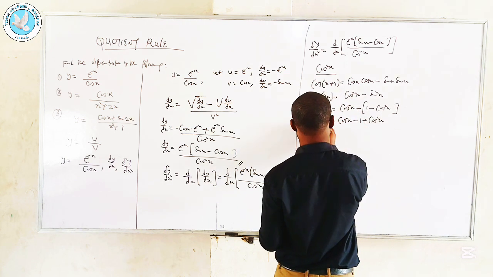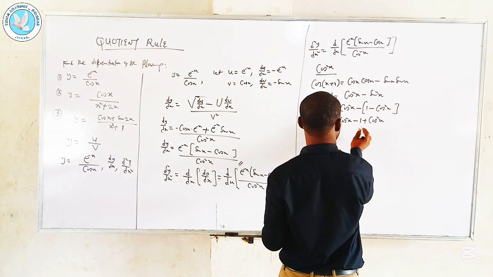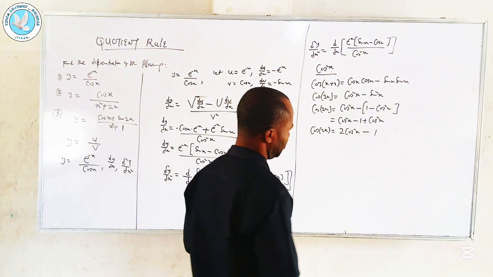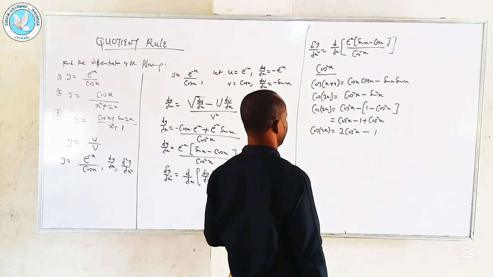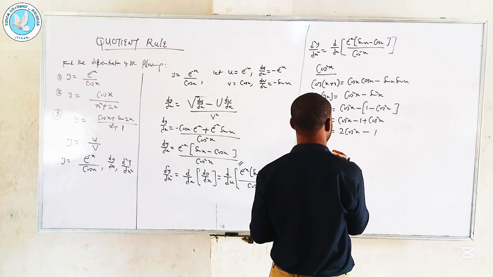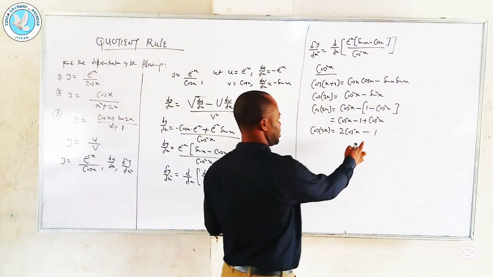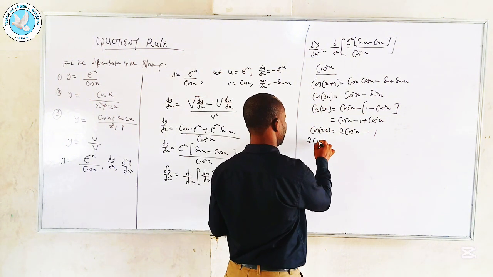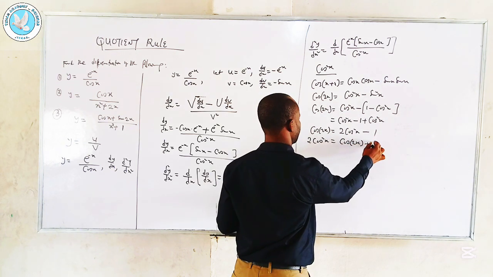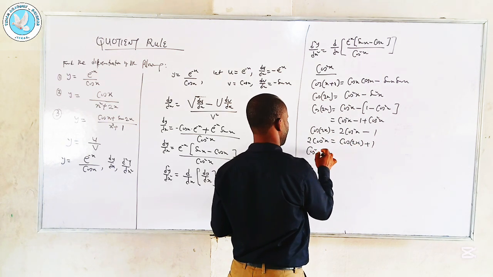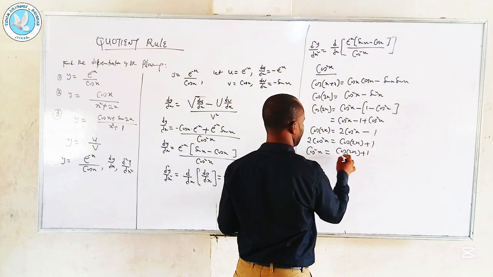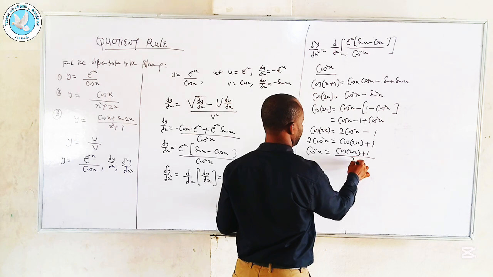So this will give us cos squared x minus 1 plus cos squared x. And finally, we have this to be 2 cos squared x minus 1. Looking at how you can make it simpler, this can come here, so we have 2 cos squared x into cos 2x plus 1, so cos squared x becomes cos 2x plus 1 divided by 2.